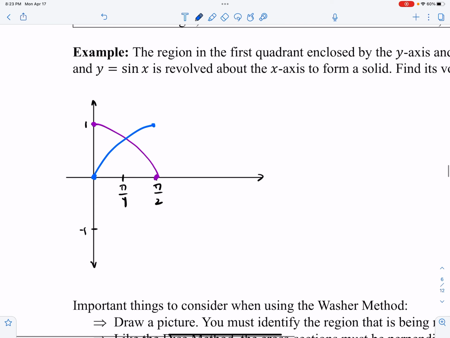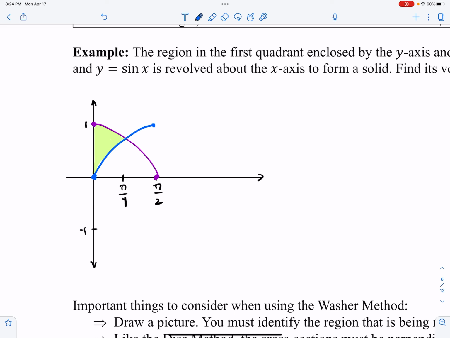So the region that we are rotating is in the first quadrant enclosed by the y-axis, sine, and cosine. So triple check that you are finding the correct region to rotate.